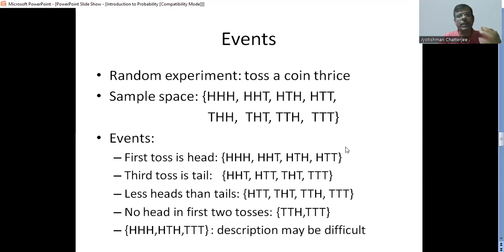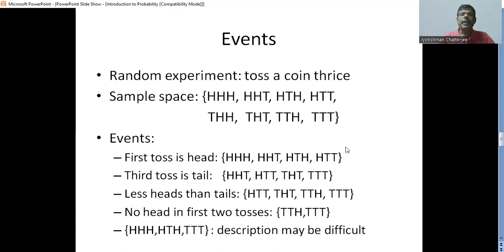And when we toss a coin thrice, we get 8 sample points. So if we toss the coin 5 times, the number of sample points will be 2 to the power 5, that is equal to 32, because each of the 5 tosses might give either head or tail. So altogether, we will be getting 32 possible outcomes.